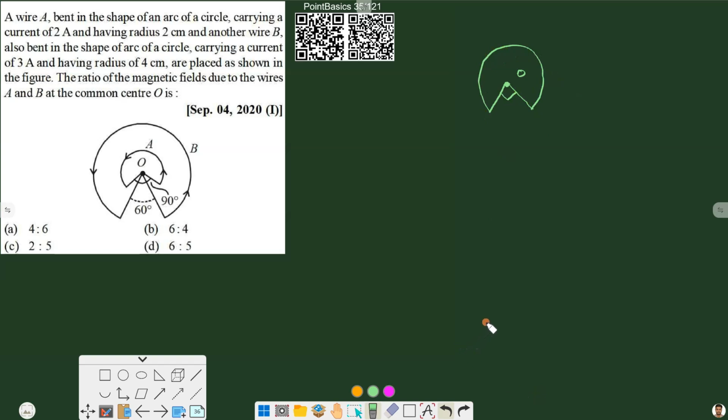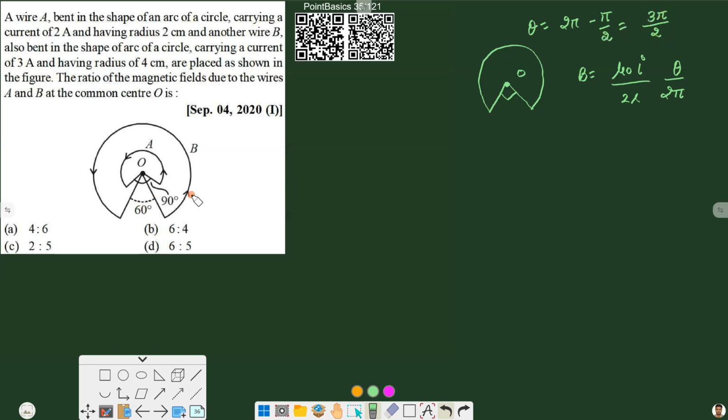So in this case, the magnetic field at the center will be given by mu naught I by 2r into theta by 2 pi. And what is this theta? This is the angle which is actually inscribed, as in this case out of 2 pi only pi by 2 is missing. So here theta will be 2 pi minus pi by 2, or 3 pi by 2.